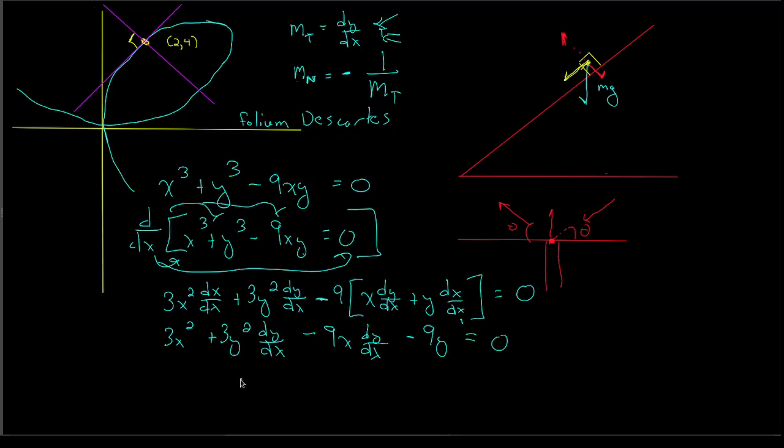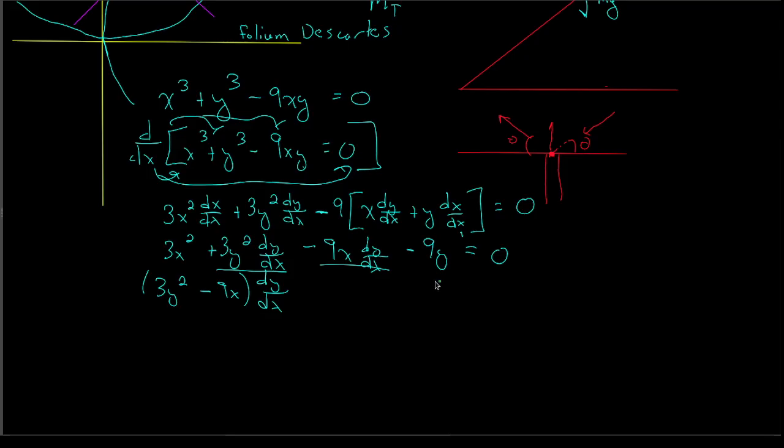I'm going to bring my dy/dx stuff over to the left-hand side. So 3y squared minus 9x, dy/dx, right? Because that's a dy/dx term, that's a dy/dx term, so that'll stay on the left-hand side.